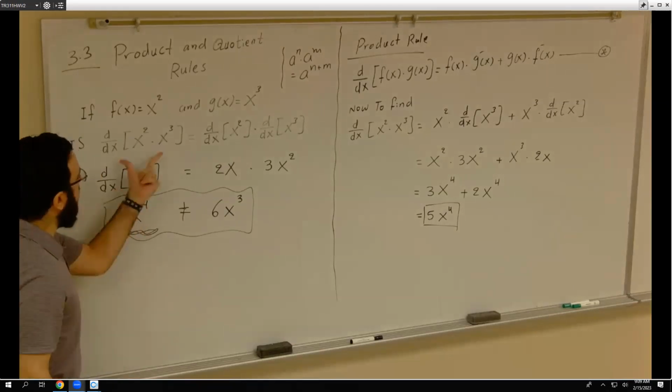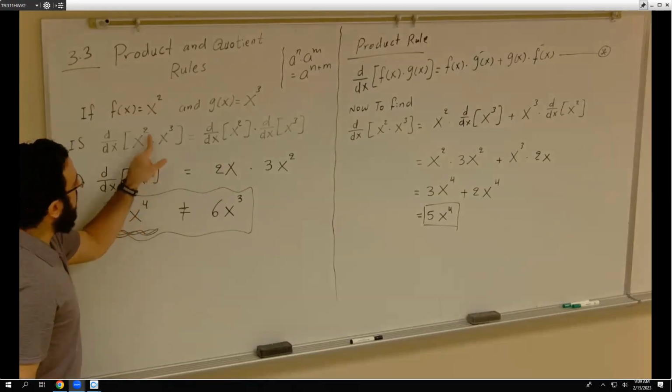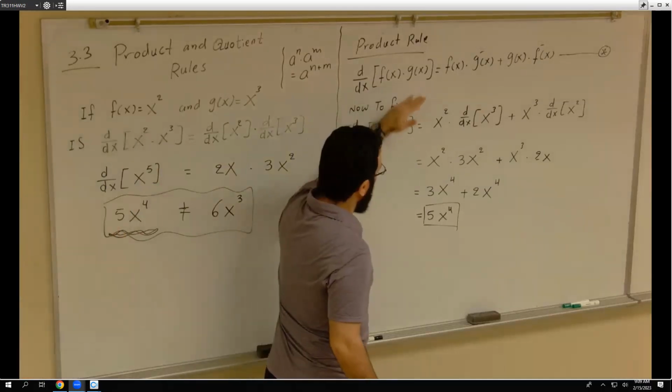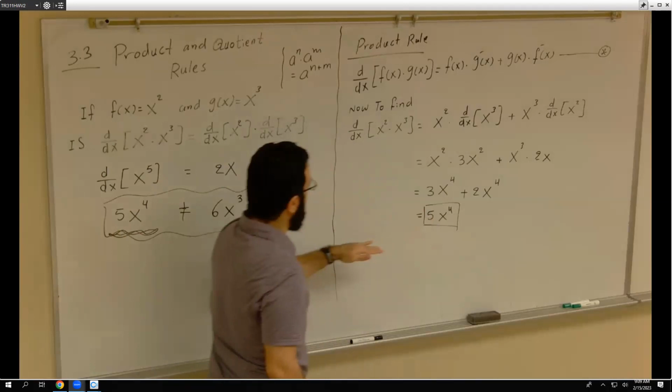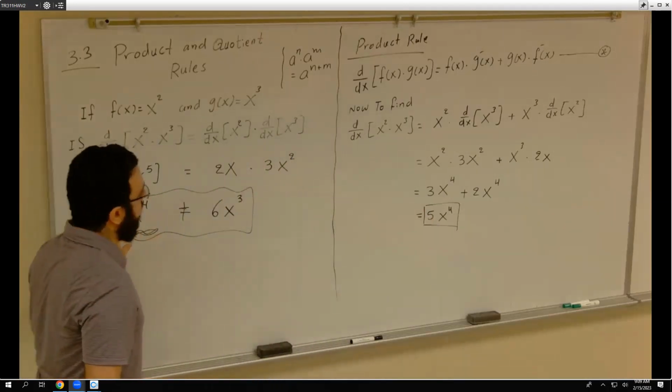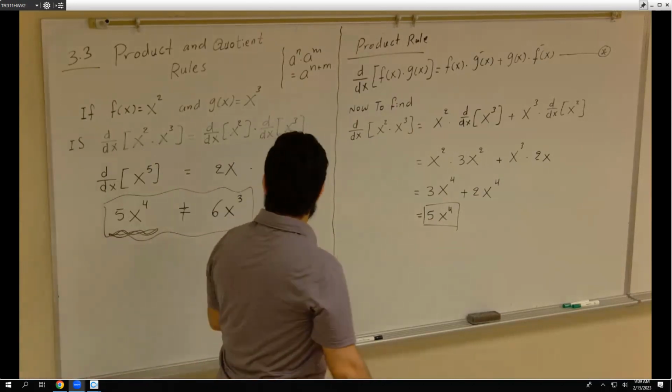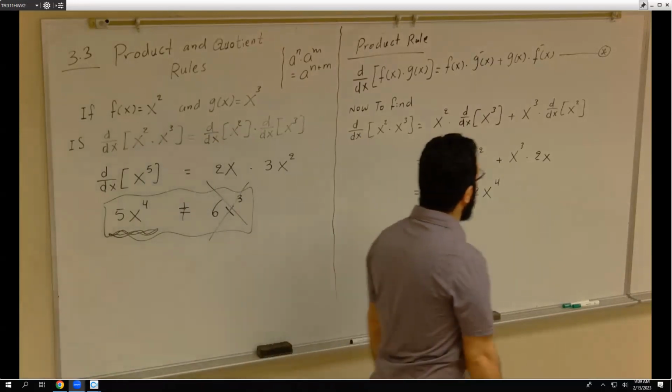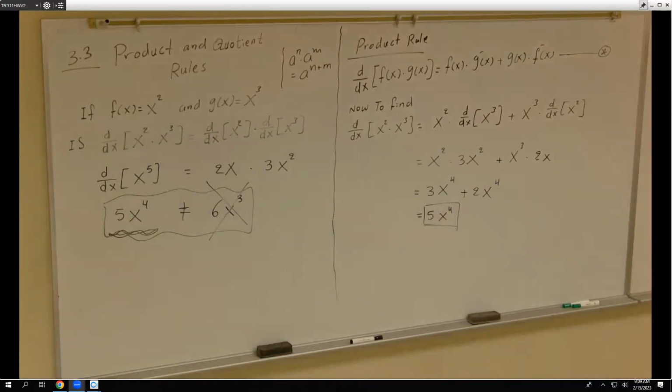That means to find the derivative of x squared times x cubed, we have to use this rule, because we get exactly the same result: 5x to the power 4 on this side, and 5x to the power 4 on the other. So that means you can't do this one. This one is wrong. So that's the product rule. Every time you see multiplication between two functions and they ask you to find the derivative, you can use this rule.